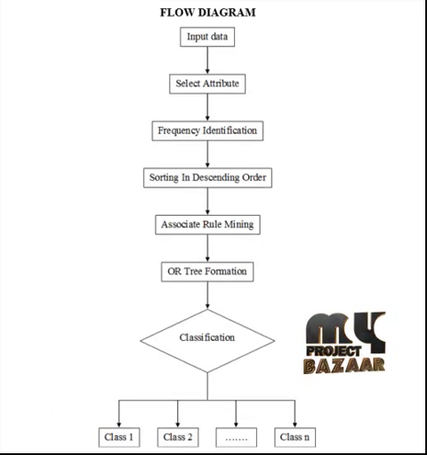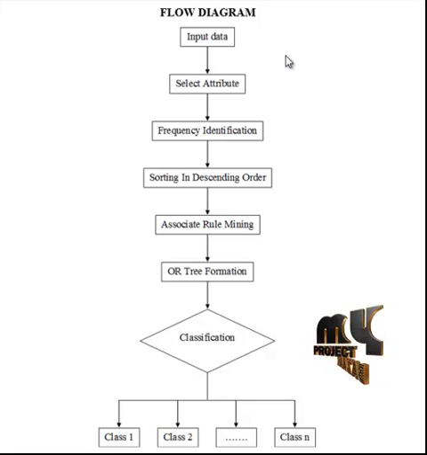Let me show the flow of the process. First, we select the input heart data. Then we select any one of the attributes from the data. The attribute selection process is based on rule mining, which reduces the single attribute set for all the classes into a smaller one for every class, which limits the searching dimensions.